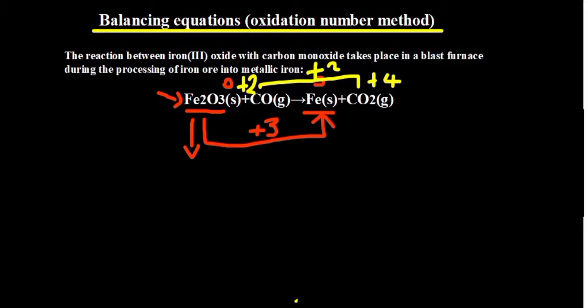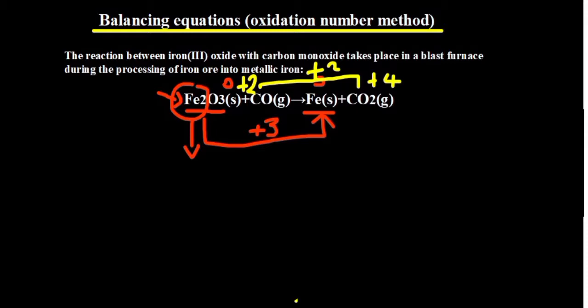Now, how do you go about it? How do we balance? We're going to multiply by the opposites, only where it is applicable. We see that we've got 2 iron atoms on the left. On the right, how many do we have?